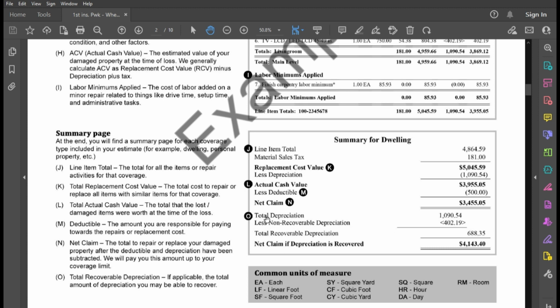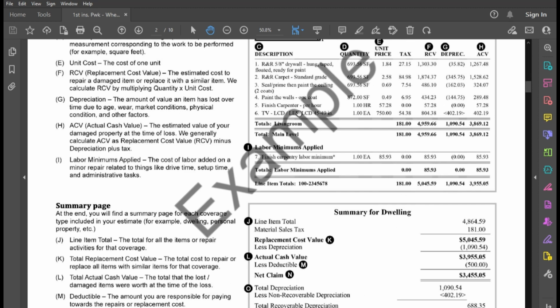Now, this is a quick breakdown of your depreciation. So, total depreciation, this number right here from this column, right? That is what they are holding on to. But there is some stipulation, there is some fine print in your policy that says they only got to pay X amount for this. So it's a $750 TV.